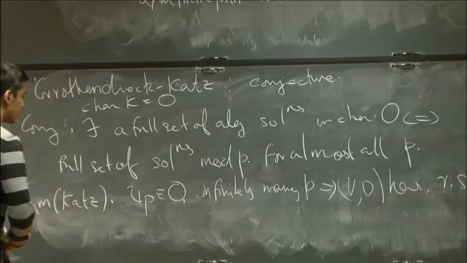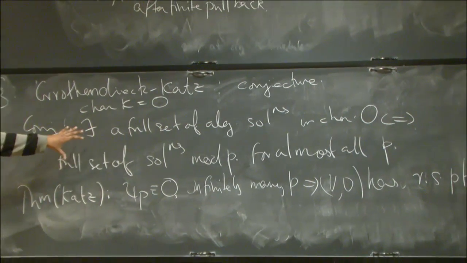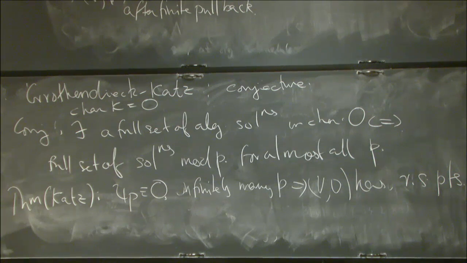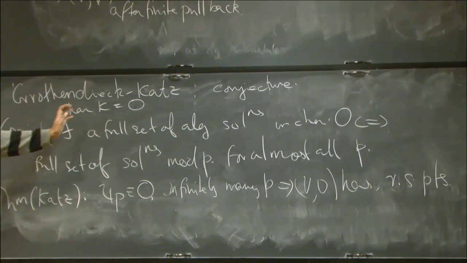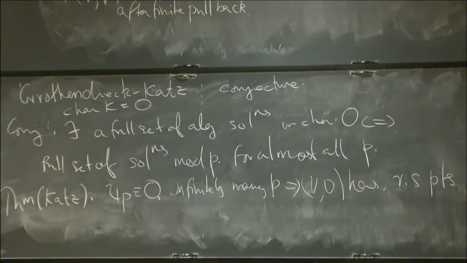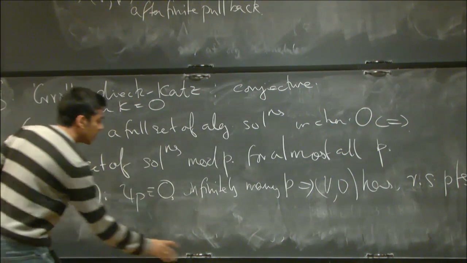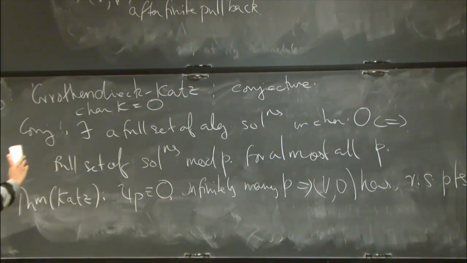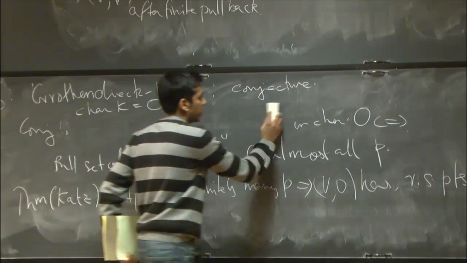And so the conjecture therefore reduces to showing that if your p-curvatures vanish for almost all primes p, then you have finite monodromy. So the whole thing boils down to a monodromy question.